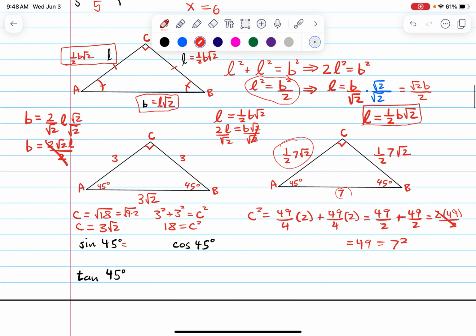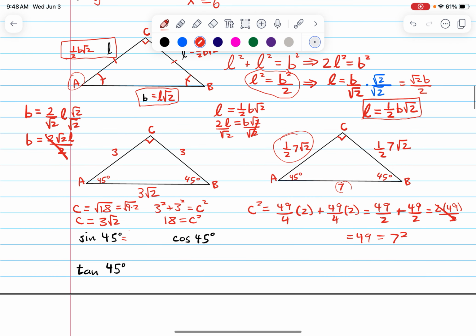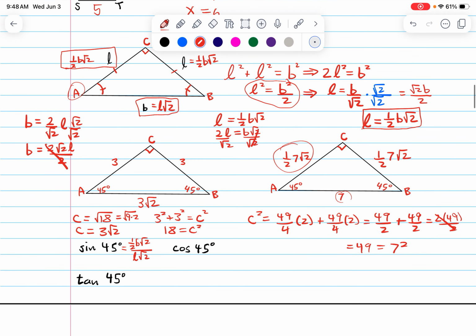Okay, so let's suppose I'm just going to take the sine of this angle. I'm going to take the opposite, which is 1/2 b square root of 2 over the hypotenuse. Okay, the opposite over the hypotenuse.